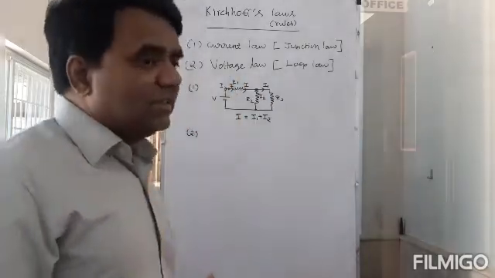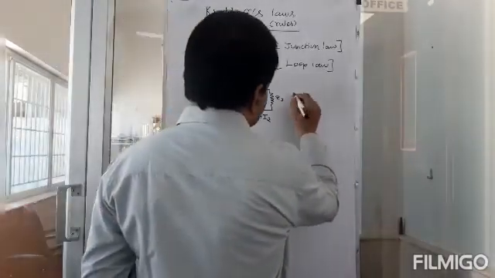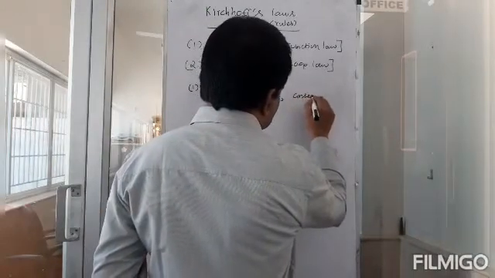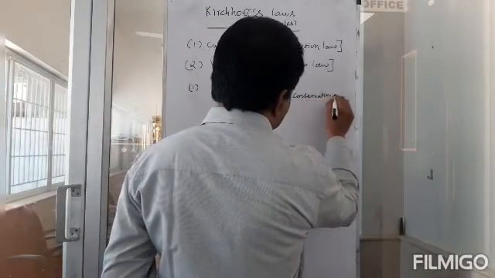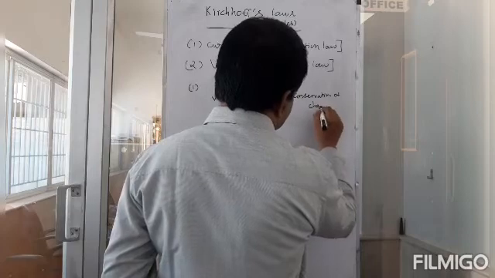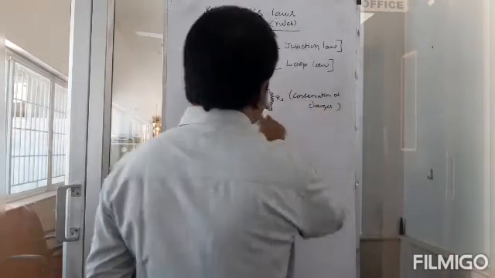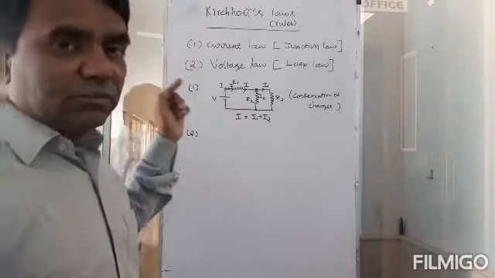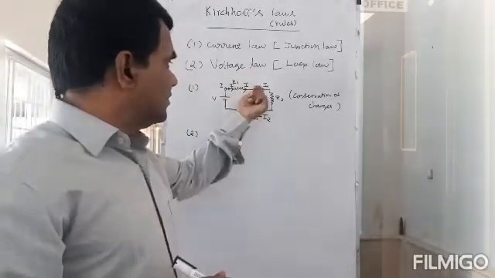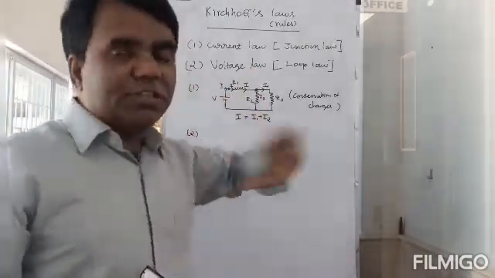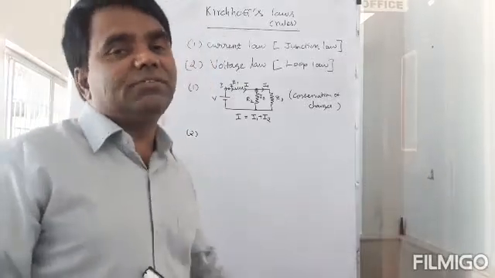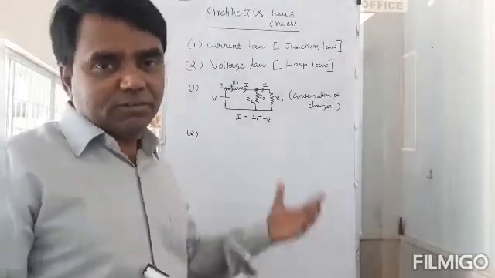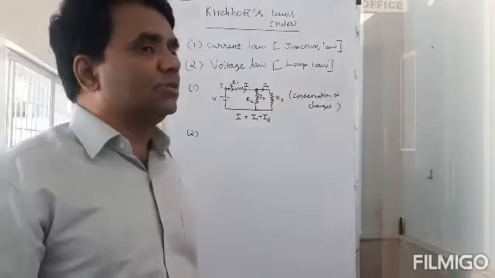So what does it say? So I can say it's conservation of charges, right? So this talks about conservation of charges. The charge that enters at a junction or a point should be equal to the charge that leaves the junction or the point. So that is the conservation of charges principle.